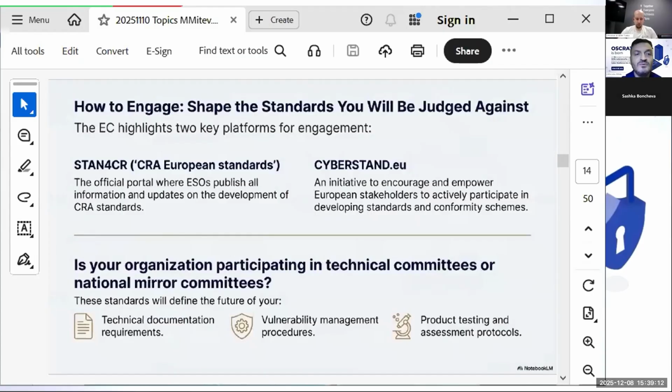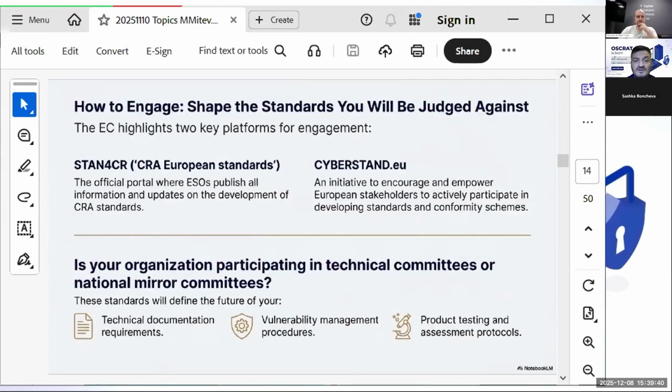The Commission also explained how organizations can take part in developing the standards. The first platform stands for Cyber Resilience, where European standardization bodies publish information about the Cyber Resilience Act standards and their development. The second platform is cyberstandard.eu.